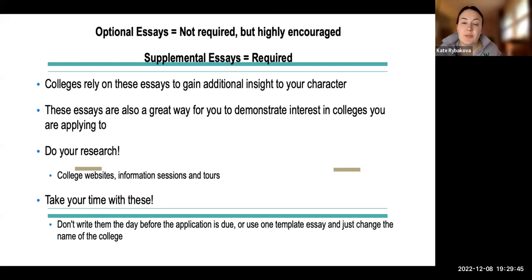Information can be found on college websites, information sessions, kind of like this one, or tours. At Illinois Wesleyan, we offer virtual visits, so virtual tours. In America, it's really popular for people to come out to the school campus and tour, go around on a little excursion, and see the facilities, see the buildings, talk to students.